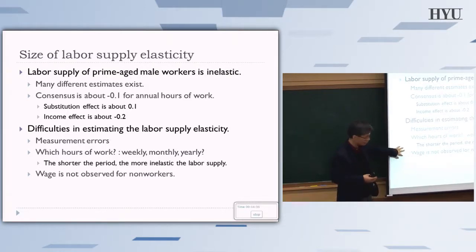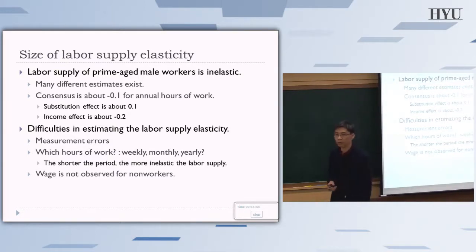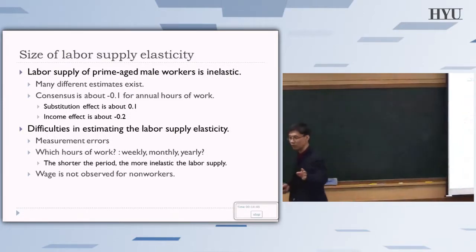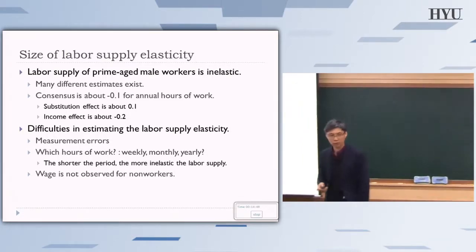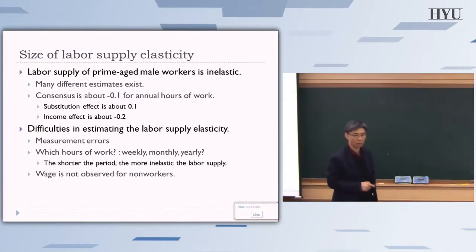So it doesn't seem to be a big problem. But if we are more interested in women, it can be a big problem, because quite a substantial portion of people are not working. If we just simply exclude them, it does not give us the accurate information about the elasticity of labor supply. So this elasticity of labor supply is not complete.